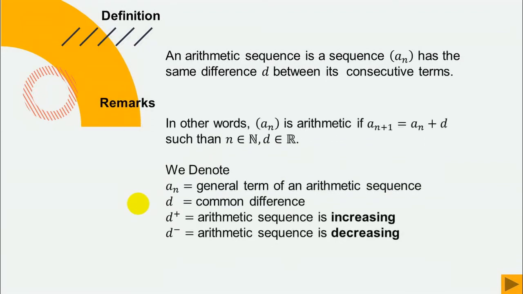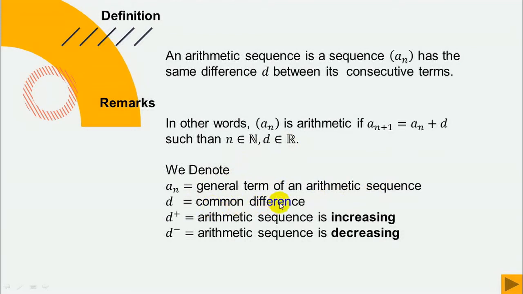Okay, remark. In other words, Un is arithmetic if Un plus 1 equals Un plus d, such that n is an element of natural numbers and d is an element of real numbers. We already learned in the previous video that Un is the general term of an arithmetic sequence and d is the common difference.